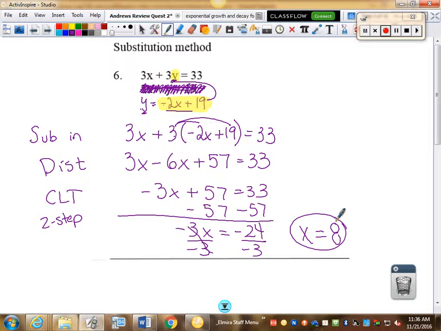So then I'm going to sub x in and find y. Okay, so you're trying to find y. You could pick either equation that you want to sub the x into, but it's honestly easier to pick the one that's already in y equals form. So negative 2 times 8 plus 19.